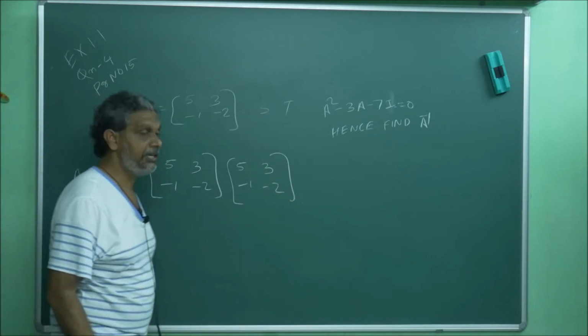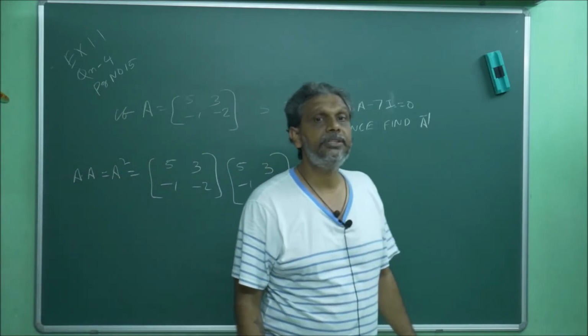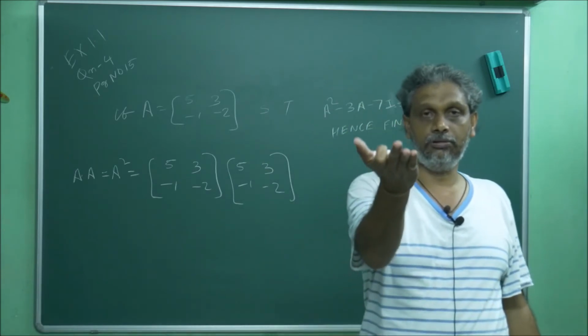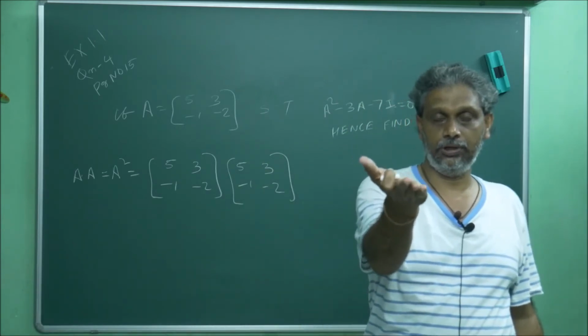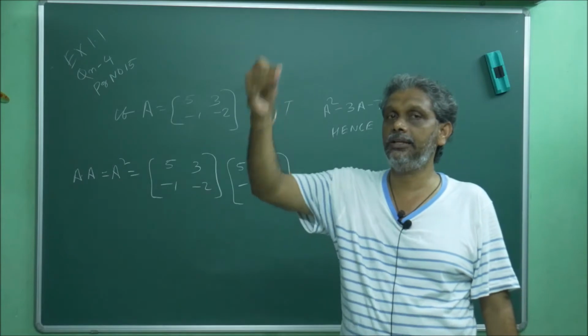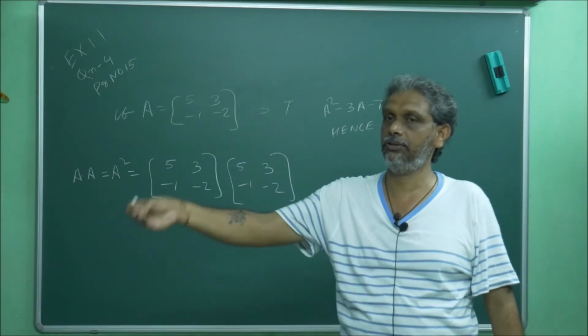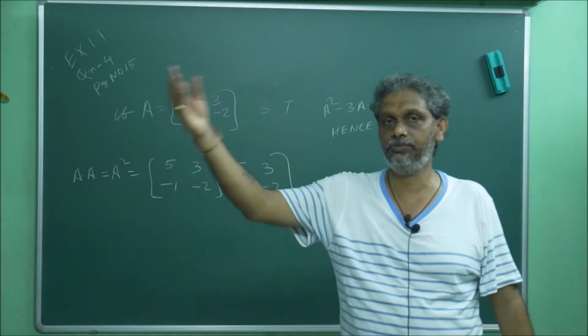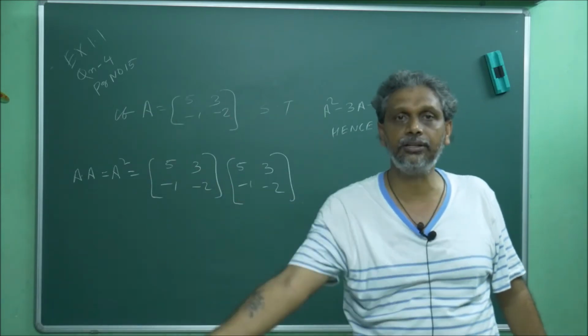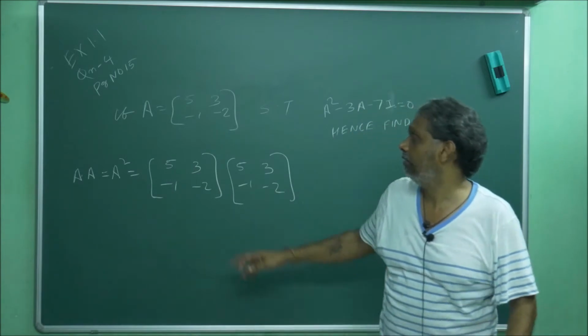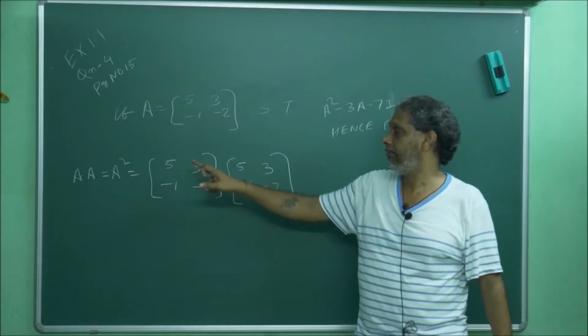Then how will you do the matrix multiplication? From the first matrix you hold one row, the first row. Then multiply with the columns in the second matrix: first row first column, first row second column, first row third column, and so on. Take one row from the first matrix, then multiply with all the columns.